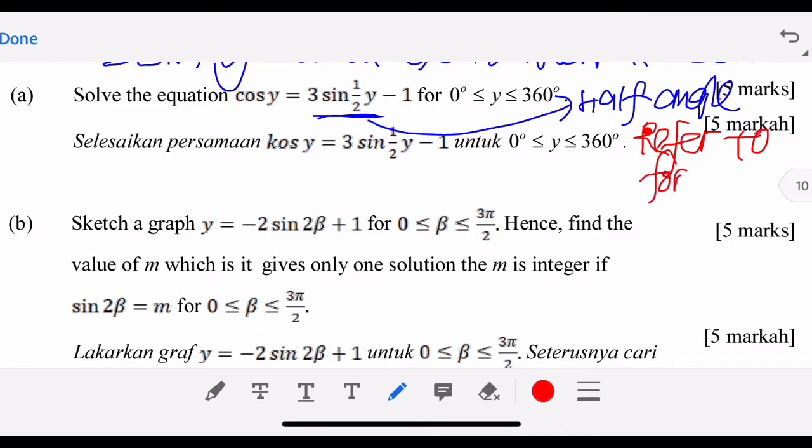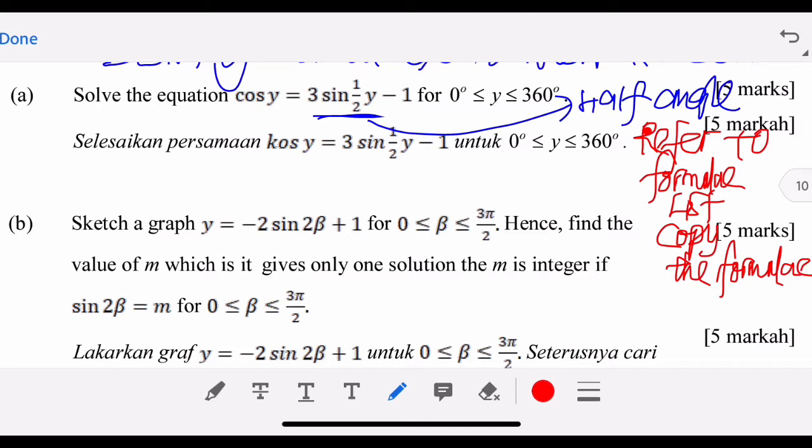Now I'm going to explain how to derive the half angle formula from the formula list. Before we can start with the trigo equation, we must understand where the half angle formulae come from.